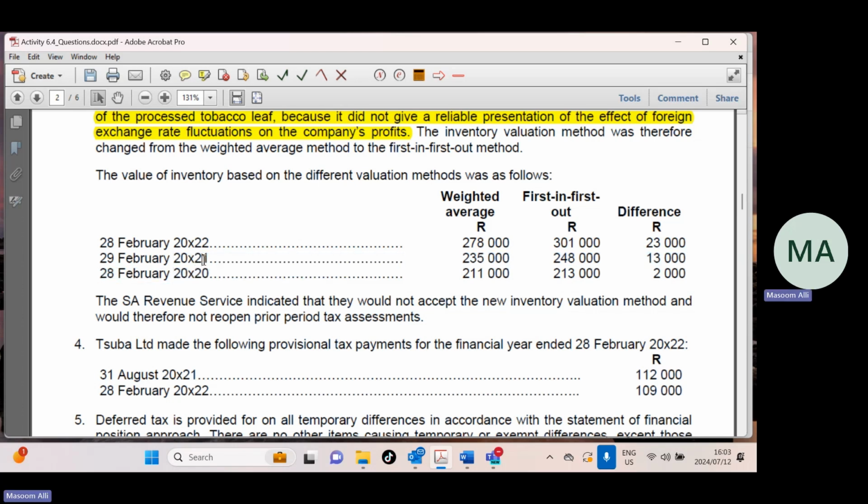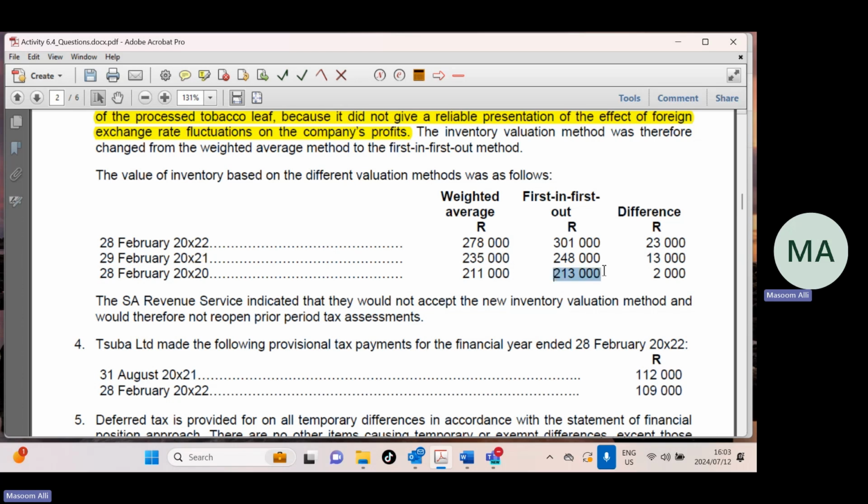Just be very mindful of that. What is important for you to see is that you can get the cumulative and period specific effects for each of these periods, because the information for all 3 dates has been given to you. So you can go fully retrospective in your approach.